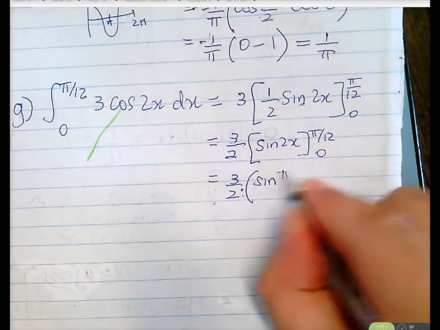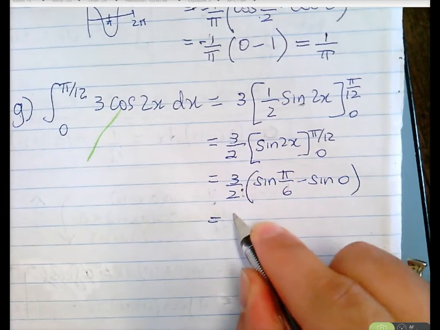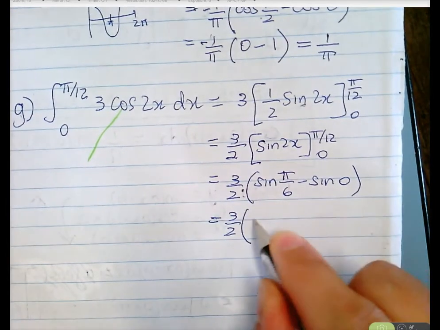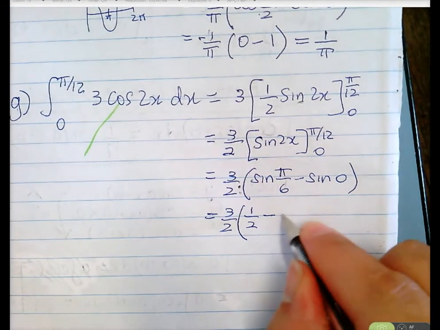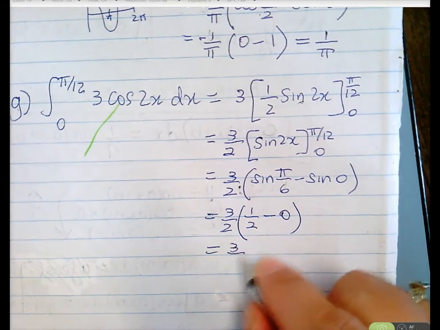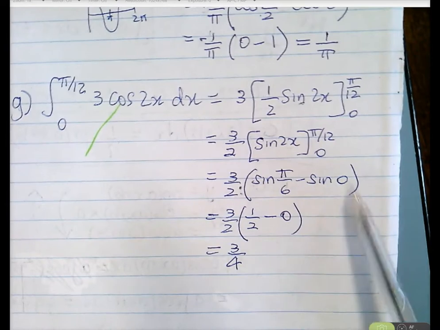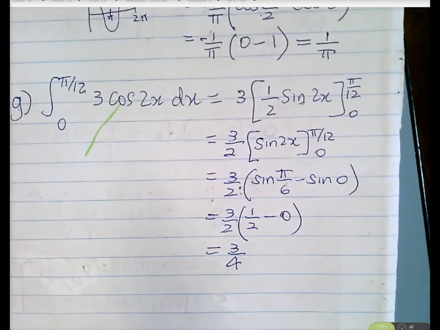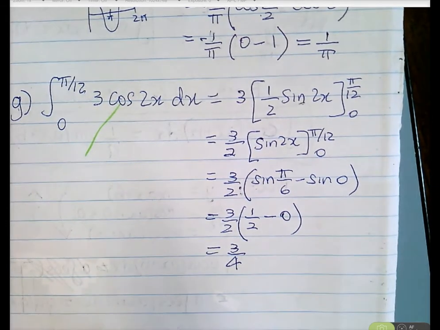Pi on 6 minus sine of 0. Sine of pi on 6 is sine 30, which is a half, minus sine of 0 is 0. So it's just 3 on 2 times a half is 3 on 4. Girls, it is better than dealing with a half out the front there and a half there. Well, I think it is. I'd be pulling all those constants to the front before you do that substitution.